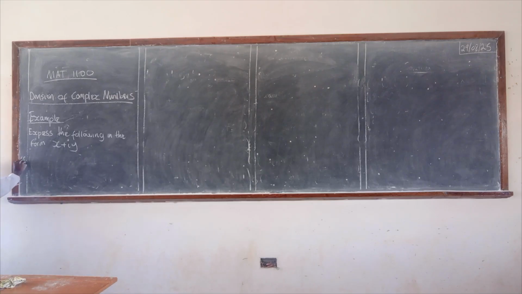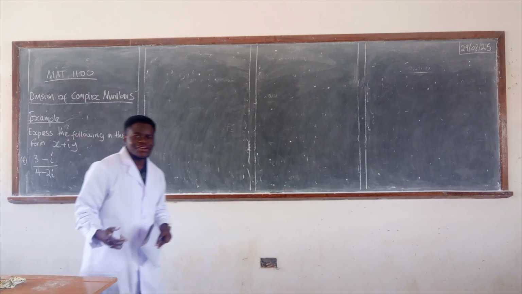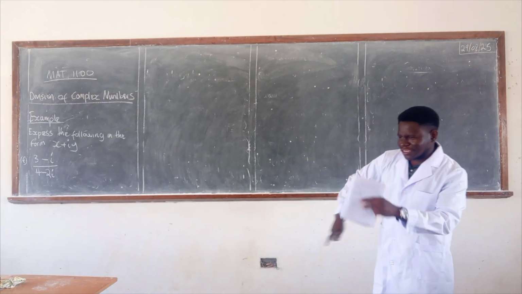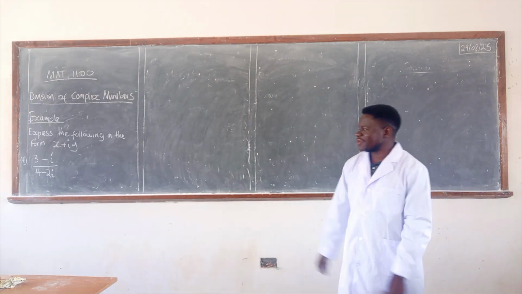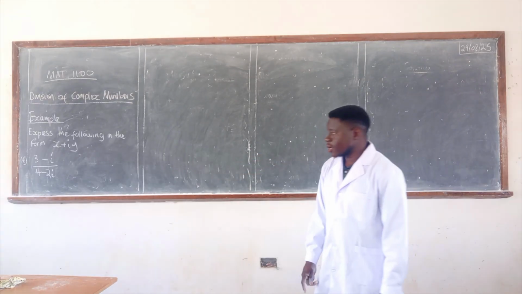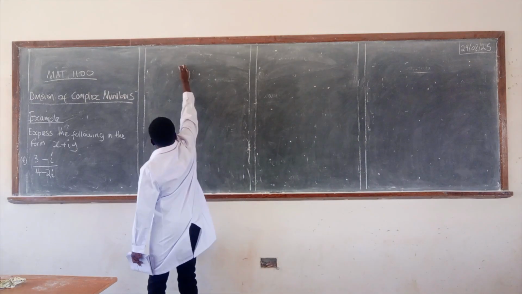So we have (3 minus i) over 4. So if you have an idea, you can try out and answer that one. You can pause the video, try out your mathematical way you can answer that question before we go to the solution. Okay, let us look at the solution.